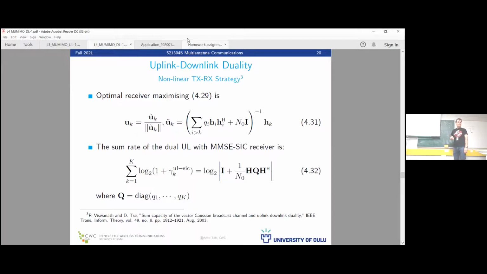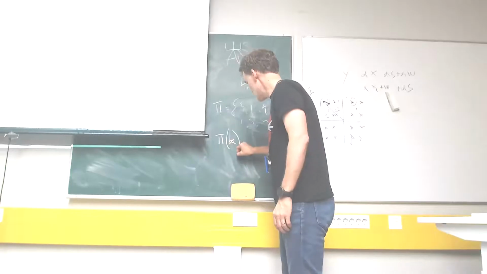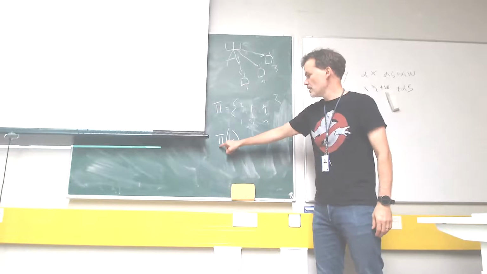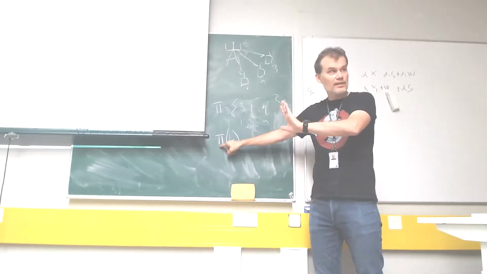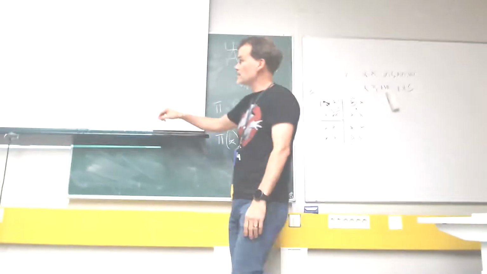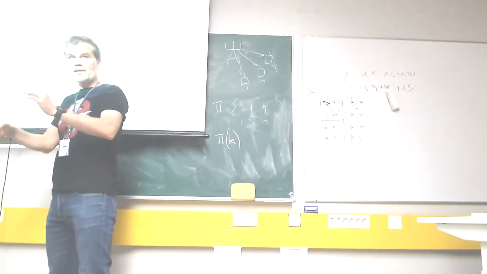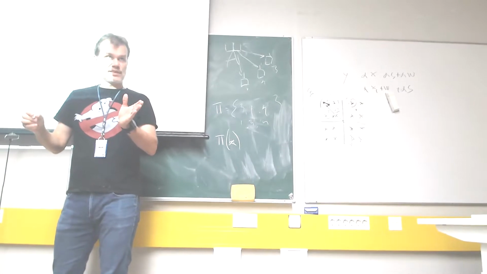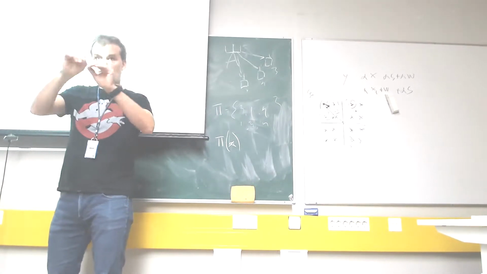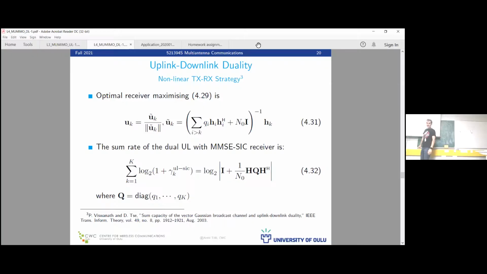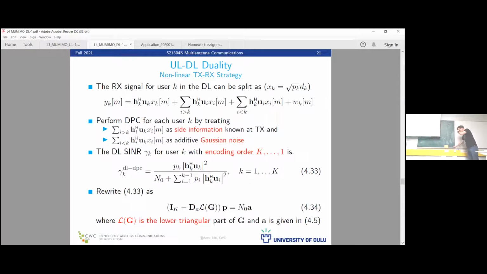Pi defines the order of indices, and using this notation, the kth index of order pi, you can replace this strict indexing with relative indexing. It's the kth index of an arbitrary index vector, and this is actually something that we will be using.